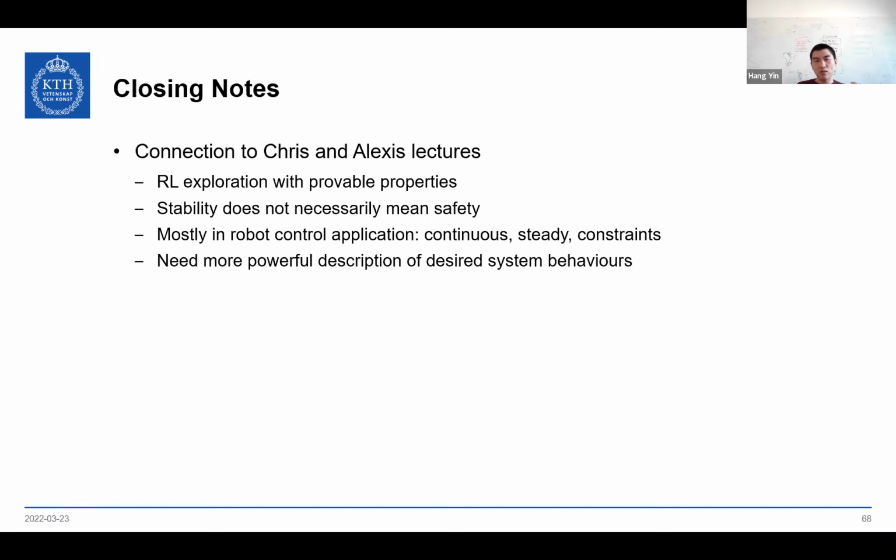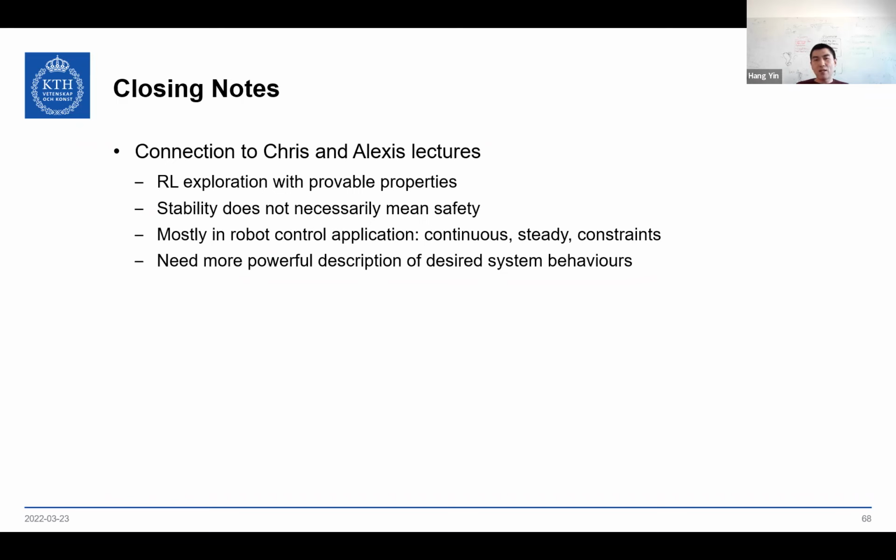You have to do the analysis for a continuous system, you're mostly concerned about steady performance, and the way you constrain it is probably not human interpretable. You can hardly say, for the time period from T1 to T2, I want the state to be there, and for all the time after that, I want something else. It's probably not that easy.